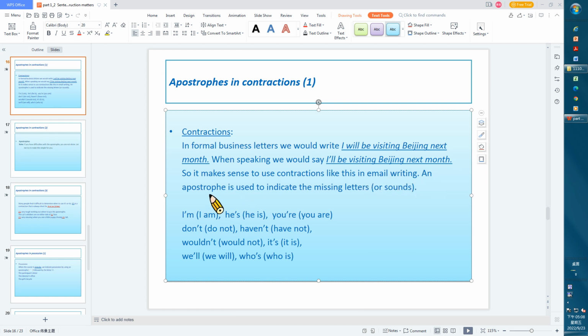An apostrophe is used to indicate the missing letters or sounds. For example: I'm, he's, you're, don't, haven't, wouldn't, it's, we'll, who's.